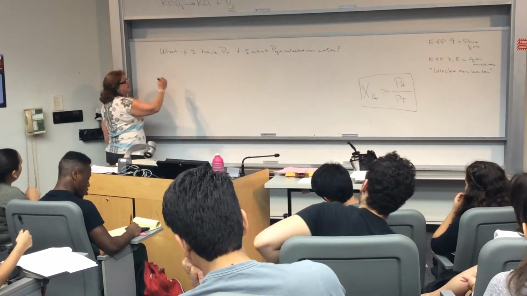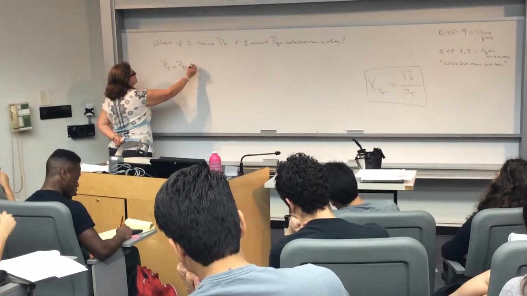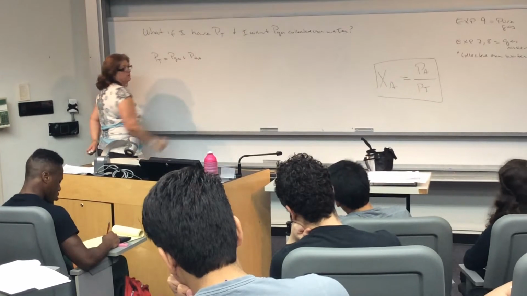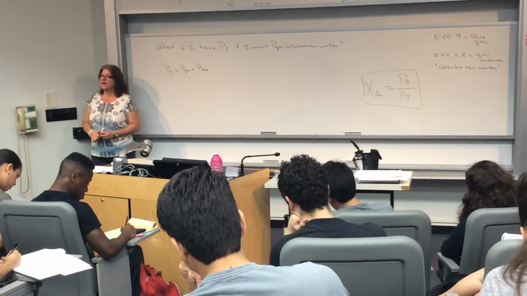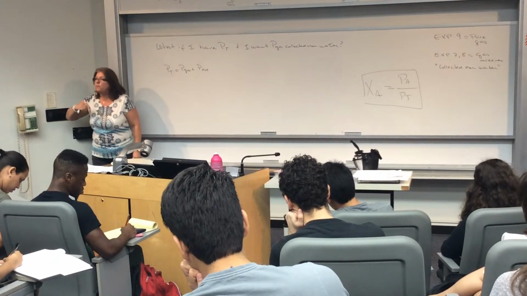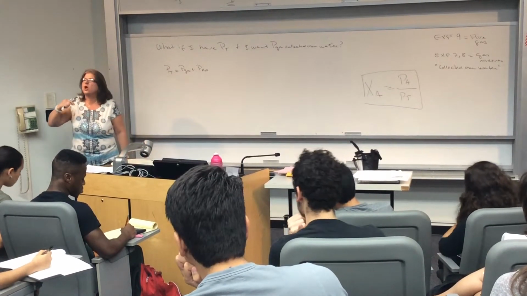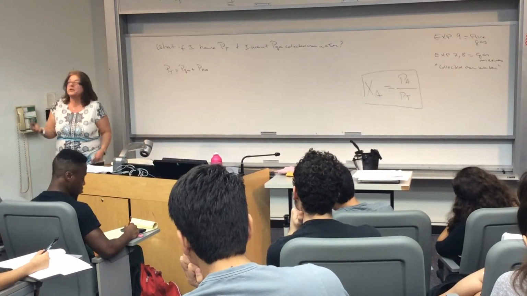Isn't it true inside of that container that P sub T is equal to P of the gas plus P of water? That's Dalton's law: the individual components of a mixture of gases contribute towards its total pressure, and those individual contributions are called partial, of course, because they're part of a whole.